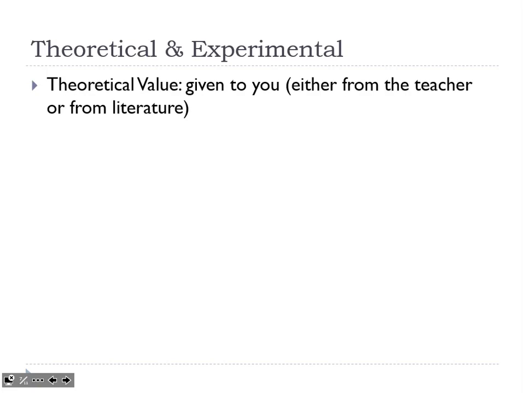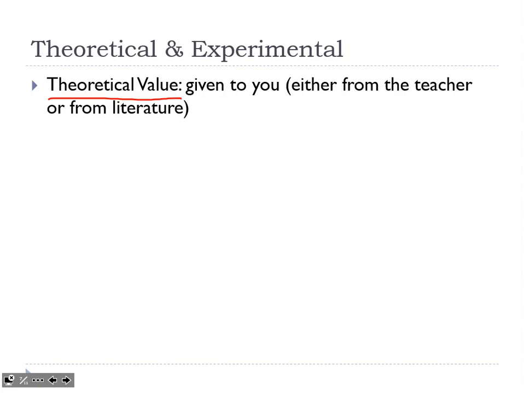All right, theoretical and experimental values to find percent error. The theoretical value is the accepted value. And where are we going to find these accepted values? In a textbook, on tables online, or in chemistry and physics indexes that have all of the accepted values.